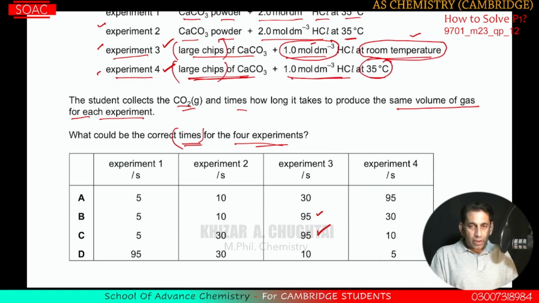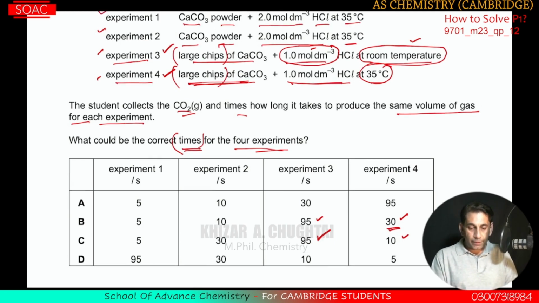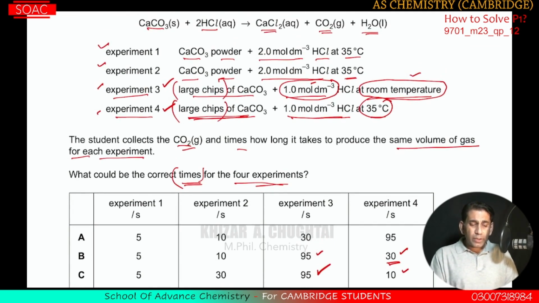So experiment 4 should be completed in less time compared to experiment number 3. It will be almost 30, or you can say 10. It is expected that its time will be the 30th one, 32nd, and so on. Now come to experiment number 2.